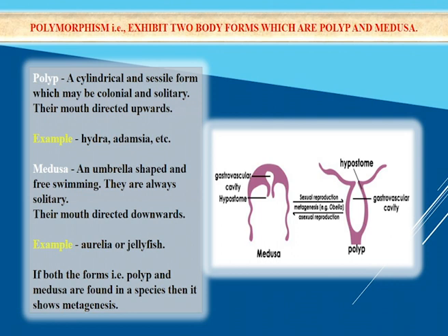In the life cycle, half is the polyp and half is the medusa. The medusa is an umbrella-shaped structure, and it is free swimming. In seas and oceans, we find medusae swimming and floating freely, and they are solitary, moving around freely. Their mouth is directed downwards.